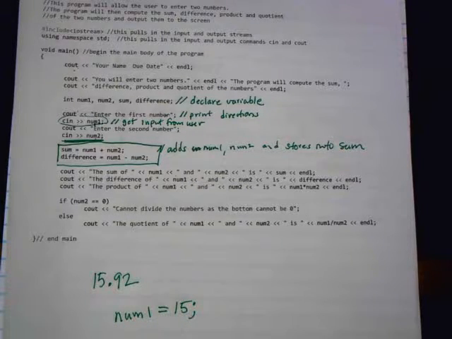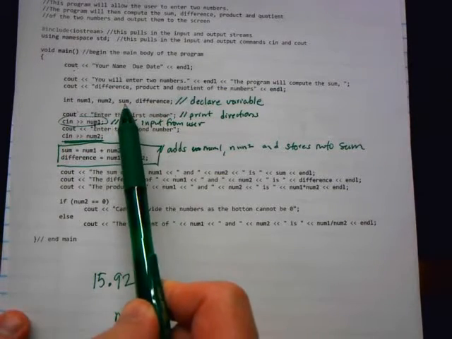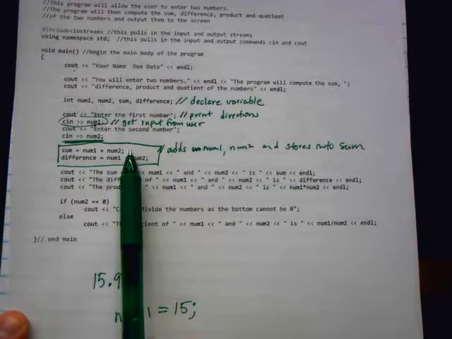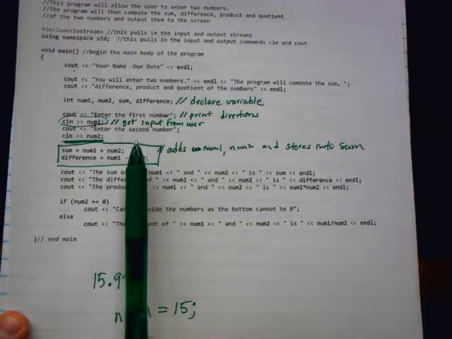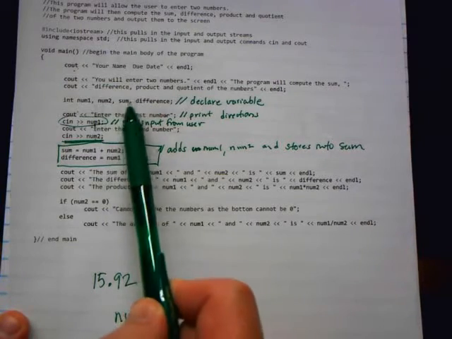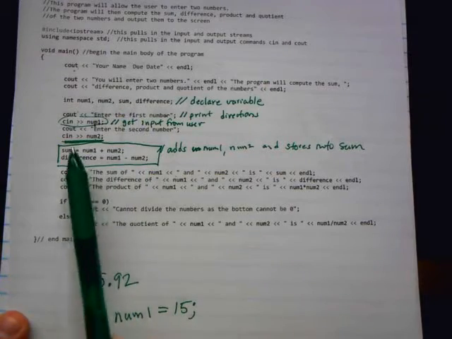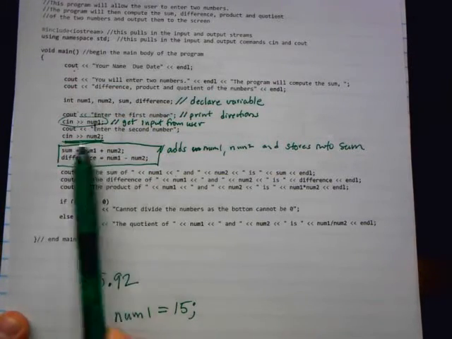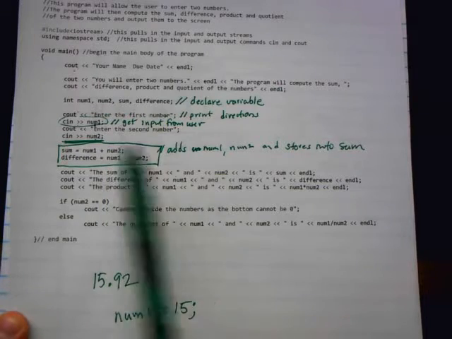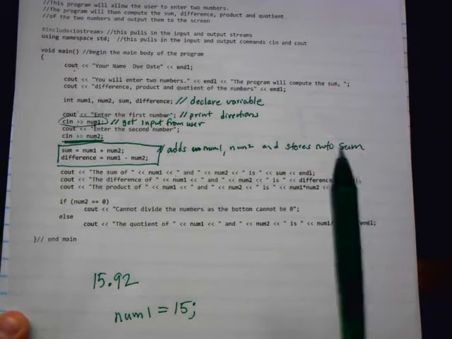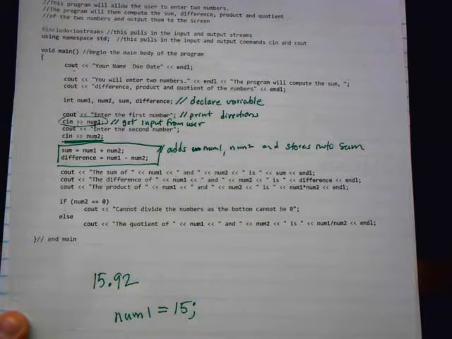Okay, so again, this is my personal opinion. Creating this variable called sum and writing sum equals num1 plus num2 for the only purpose of printing it is a bad idea. What have I done? I've created an extra variable which takes memory and takes time. I've done this line which takes time. And all I'm doing in the end is printing it. So you should try to avoid using variables unless you really need them.